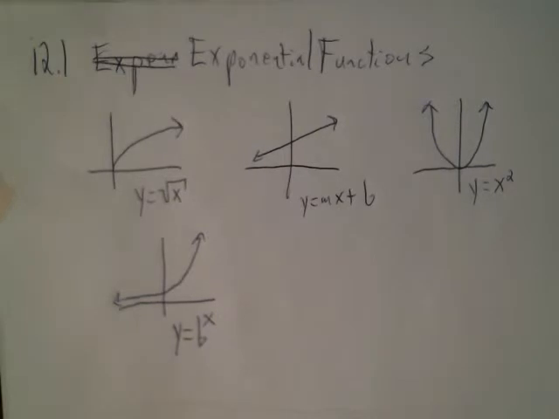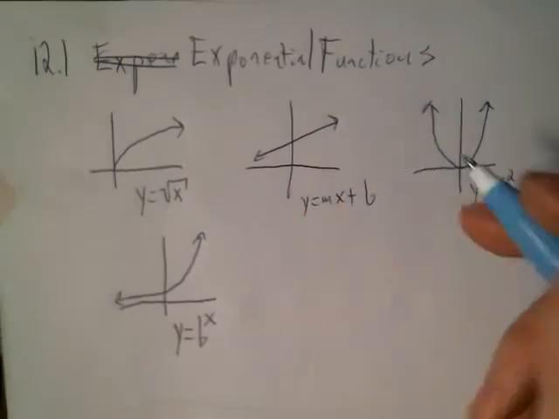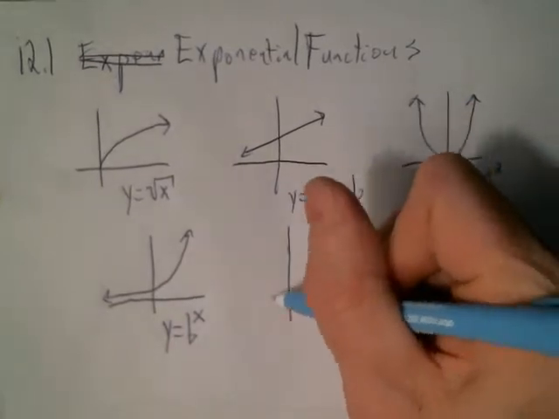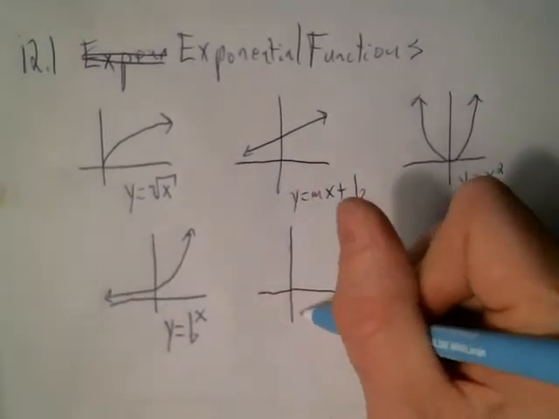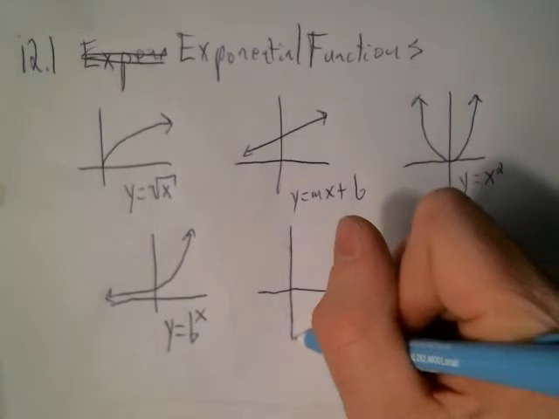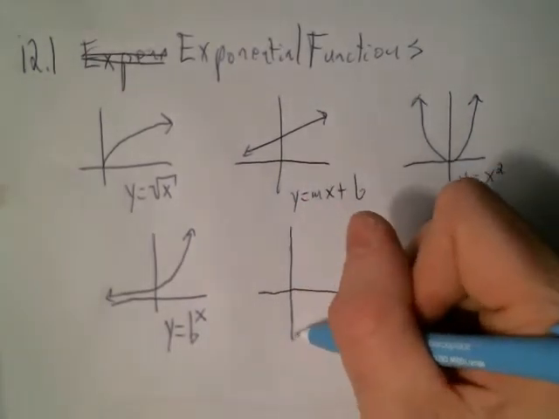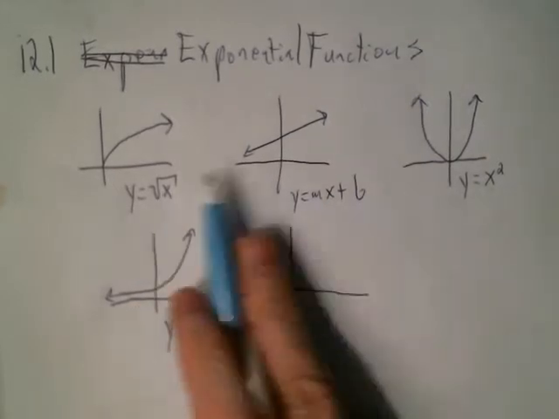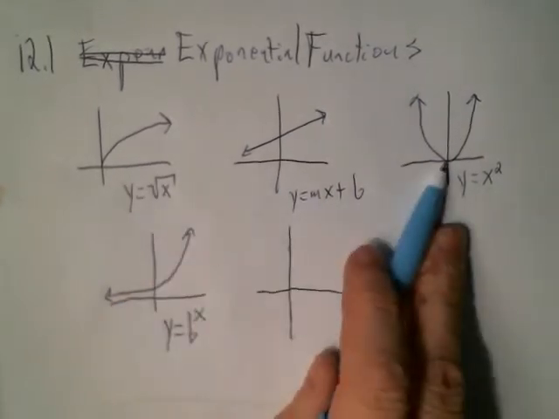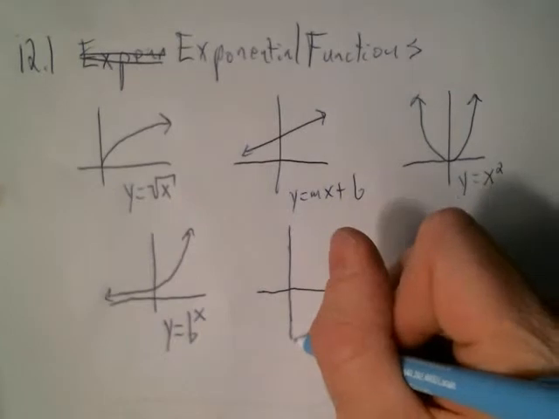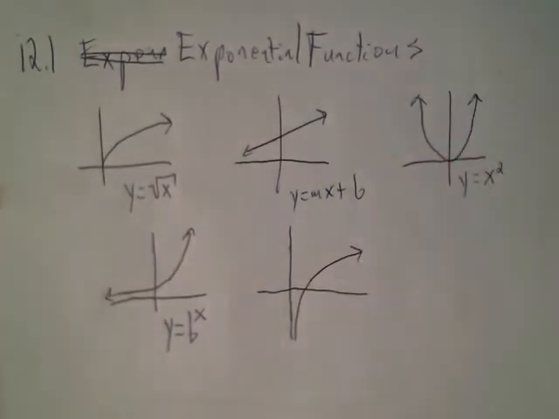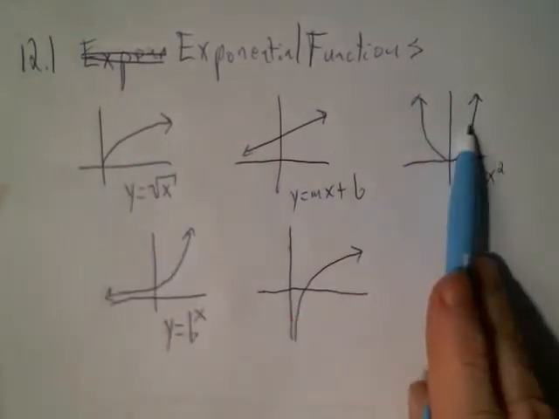And later on in this chapter, if we kept on studying it, and maybe in class we will, but not here online in the videos, this guy has an inverse function, which kind of undoes it, just like this guy and this guy are kind of inverses of each other. So the inverse to this guy is going to look like this. And you kind of see, this has parts of this in it.